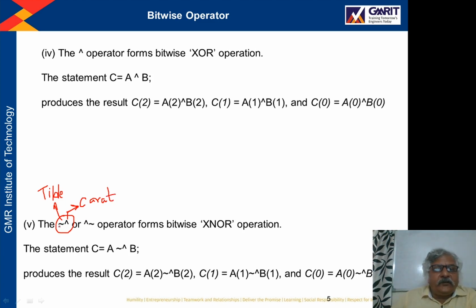You can use it in this way or you can reverse it. First you can use the caret, then tilde, in this way. Both will perform the XOR operation, right?